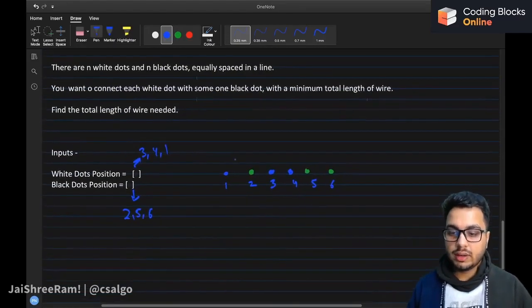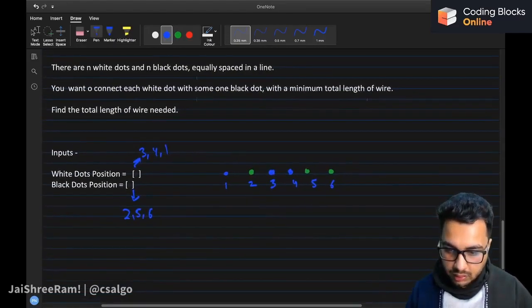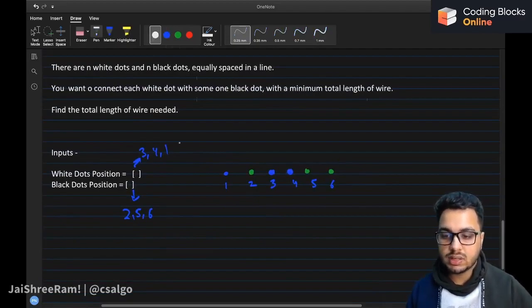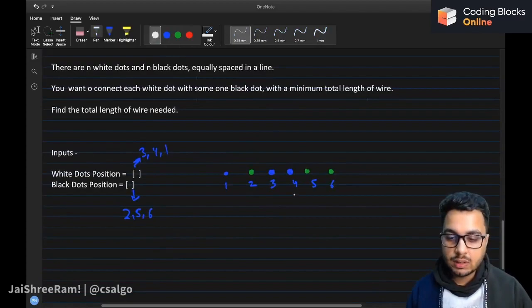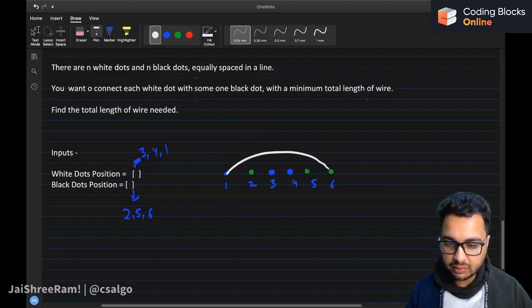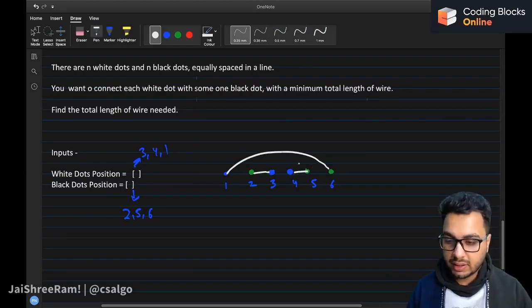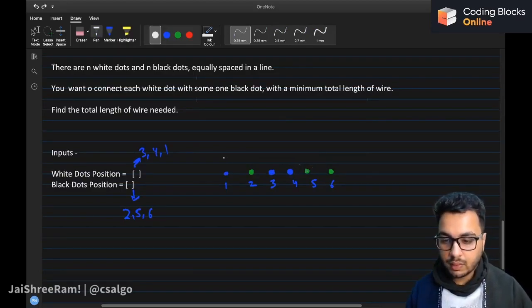So you want to connect each white dot with any one black dot using some wire. Okay, so maybe let's connect this with this, and let's connect these two. So this is one way to connect these dots. There can be other ways also.